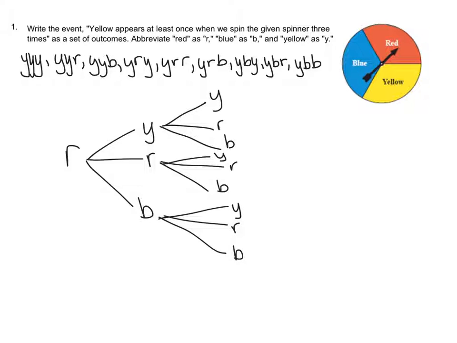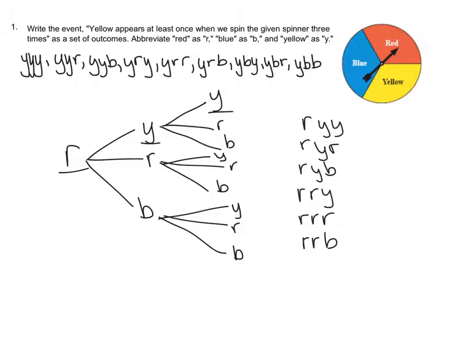Now I'm going to look at my tree and write my outcomes. First I have RYY. Then I have RYR, RYB, RRY, RRR, RRB, RBY, RBR, and RBB.